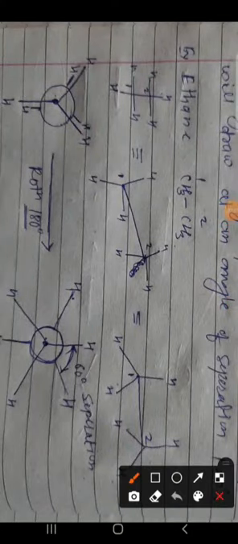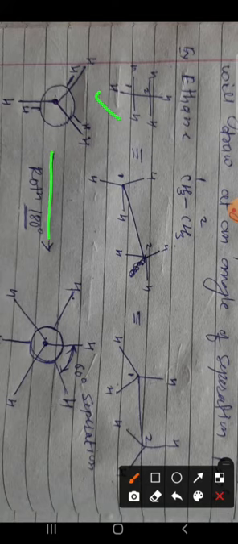So first we have the eclipse conformation, and I want to rotate it. After a rotation of 180 degrees, with respect to the rear carbon, we only rotate the front carbon, and the back carbon, the rear carbon, stays constant.